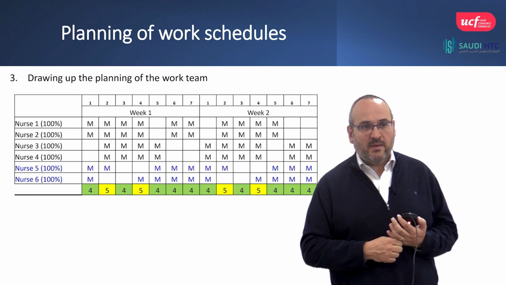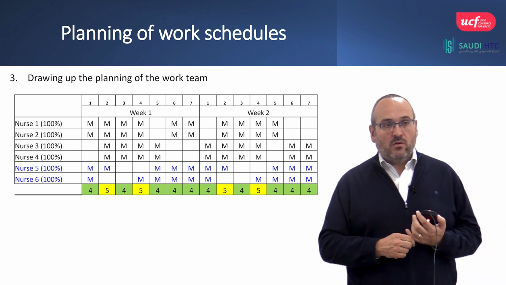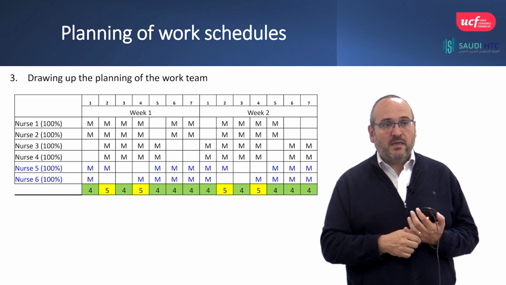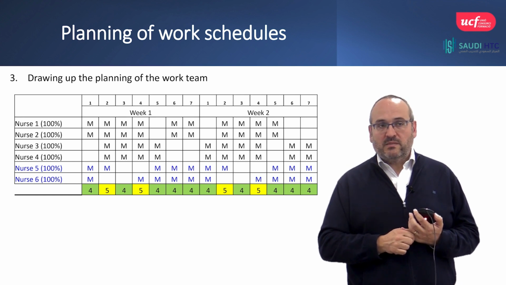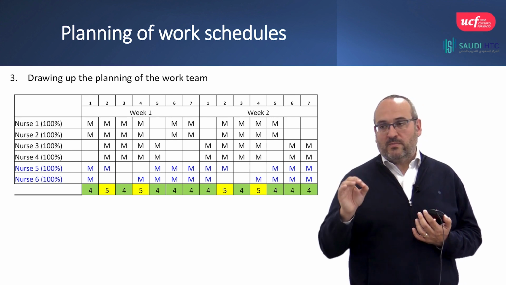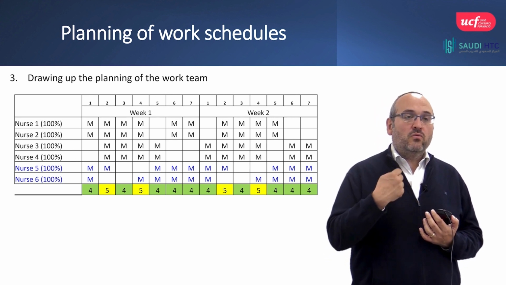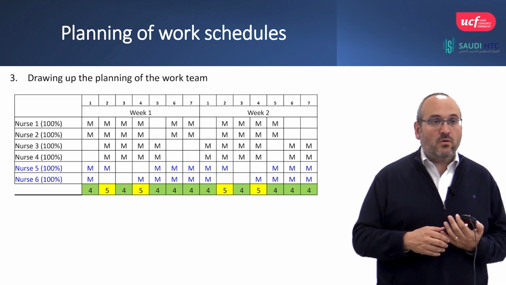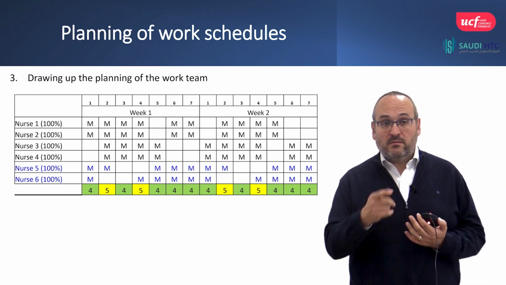What happens to us now? Well, before we had a total staff of 4 people, and in this case, we see that there are 2 days, every week on Tuesdays and Thursdays, when we have an extra person. We have 5 people on those days, marked in yellow in the presentation that you are seeing.